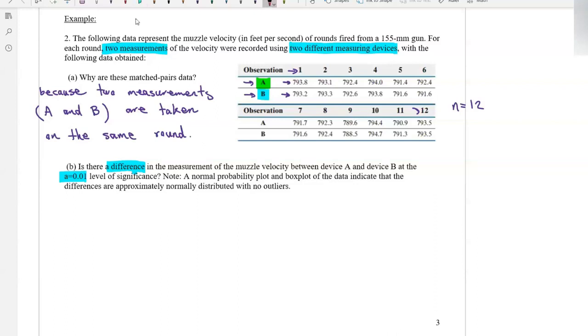So first we have to find the difference between these two sets of data. First I'm going to work by hand, and then I'll use the TI-83/84 to find the differences and find D bar.